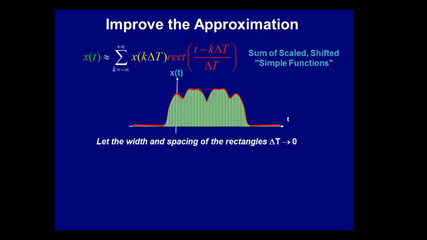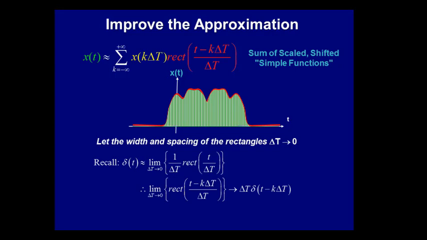All right. I've got something similar here. I'm letting this rectangle function, well, it's a shifted version, but it's still a width delta t. It's not scaled by 1 over delta t, but I still want to let delta t go to 0. Well, I'll contend that the limit of that shifted rectangle, as delta t goes to 0, is a shifted delta.